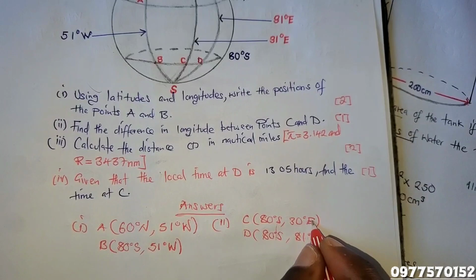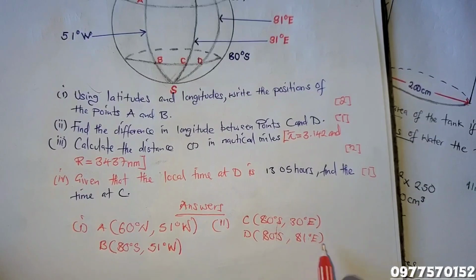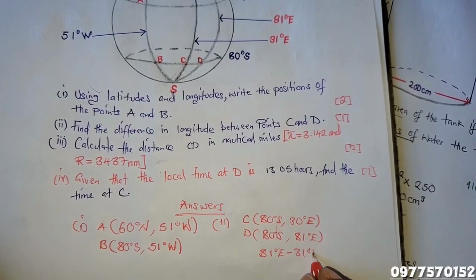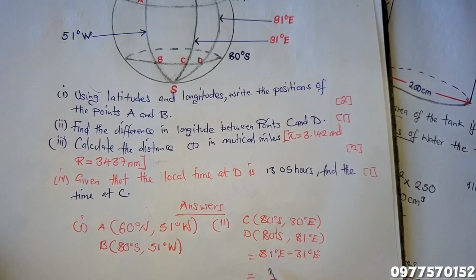Check if they're on the same hemisphere, we subtract, different hemispheres we add. Here it is east-east, so we subtract: 81 degrees east minus 31 degrees east. 81 minus 31 is 50.